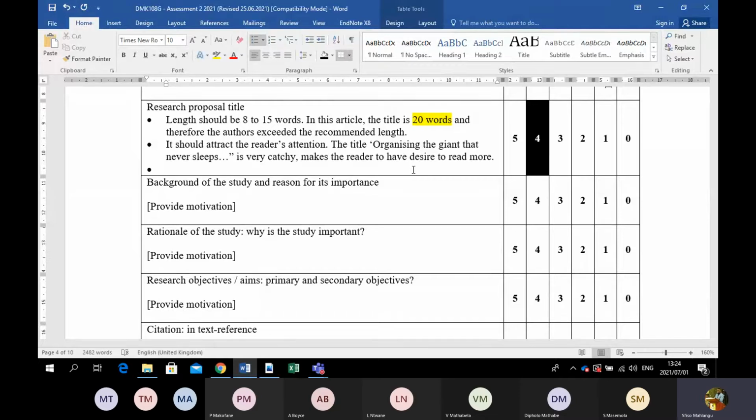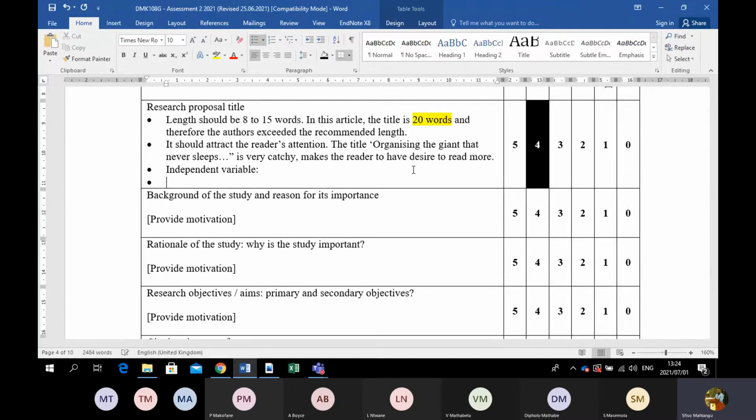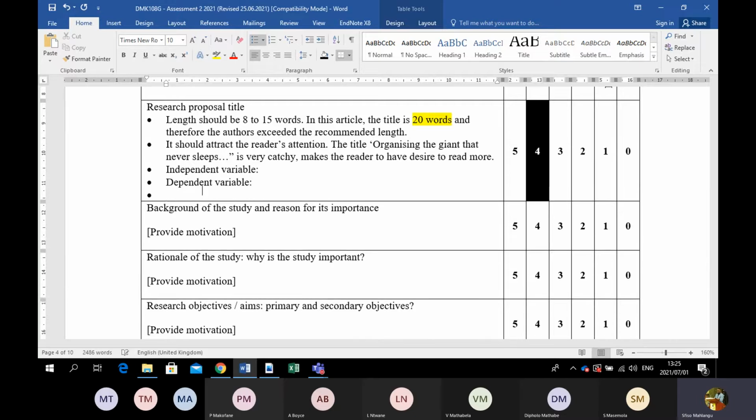The dependent variable, okay, let's start with the independent. Independent variable should be indicated in the title. The dependent variable should be indicated in the title.